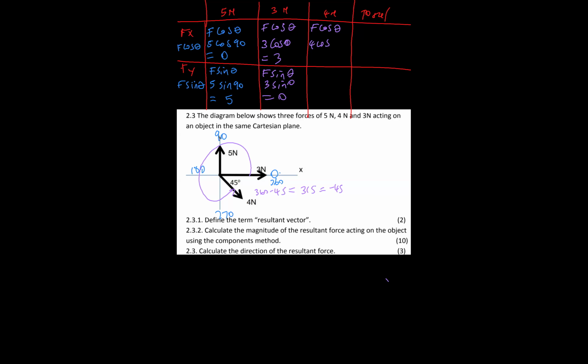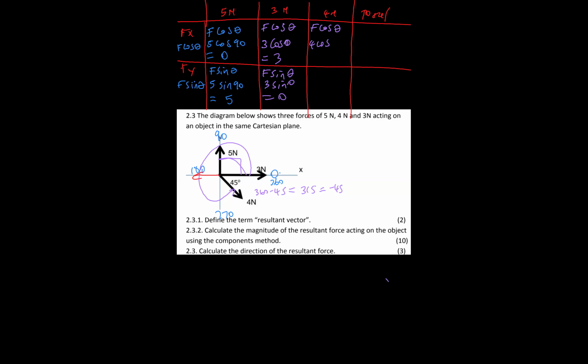The angle that we measure from the positive x-axis, we measure angle from the positive x-axis in an anti-clockwise direction. That is why we said this one is 90. Can you see, is this not 90? Yes, it's 90.